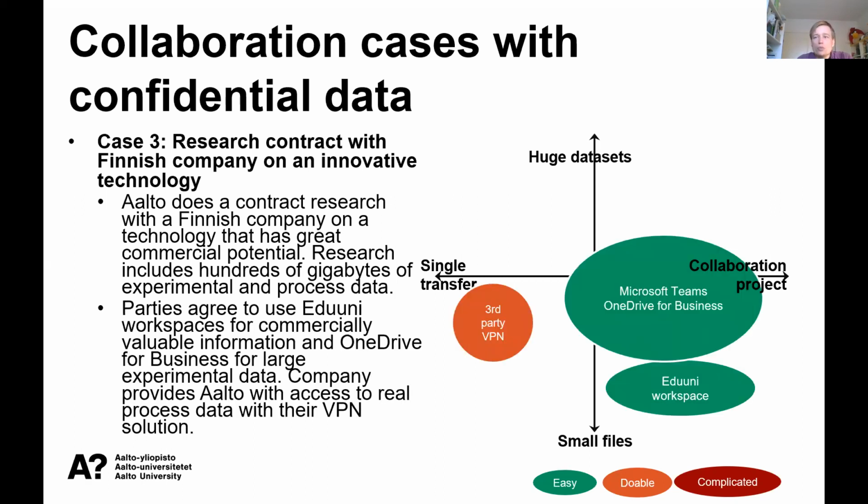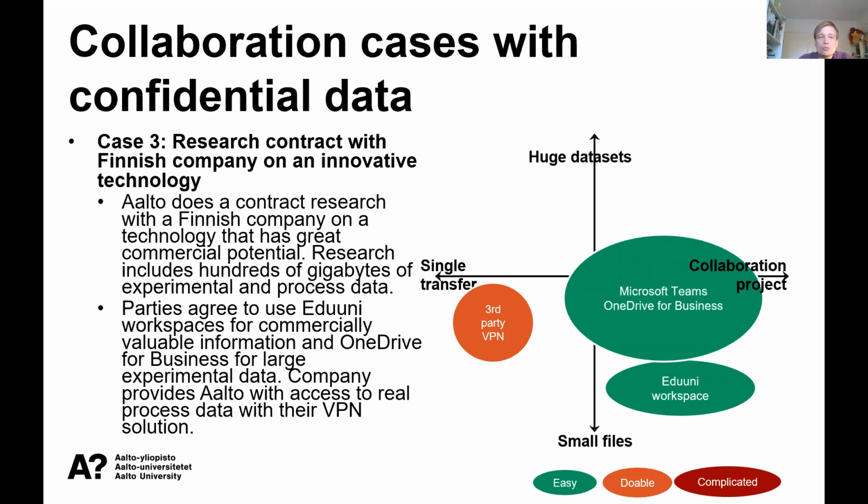And so we will need several solutions in this case. eDuni workspaces would be a secure place to store the confidential data that has some commercially valuable information, but it is limited to some gigabytes, so it won't work for the experimental data or the process data.